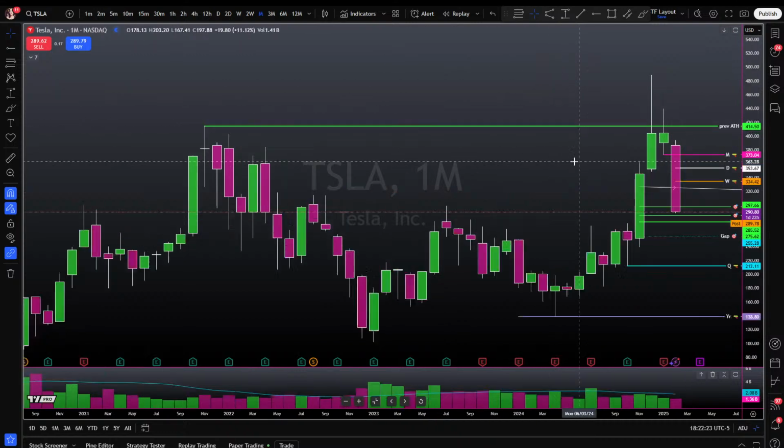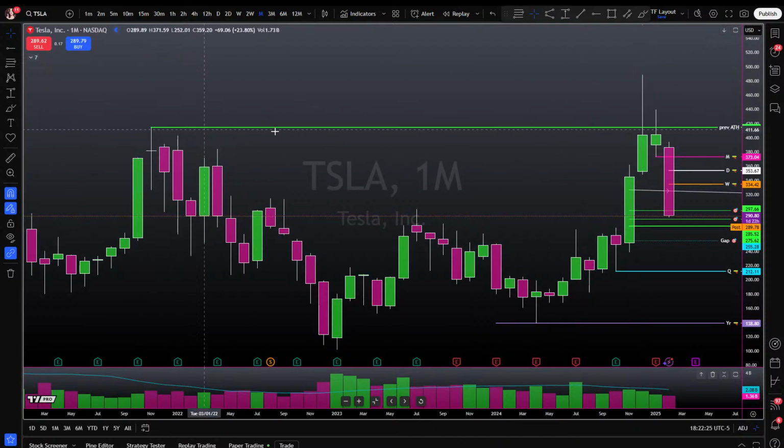What do we know about all-time highs? They are potential exhaustion risk. Now, it doesn't mean that the stock is going to reverse, but it has the potential to reverse because there's no more shorts to be short against.